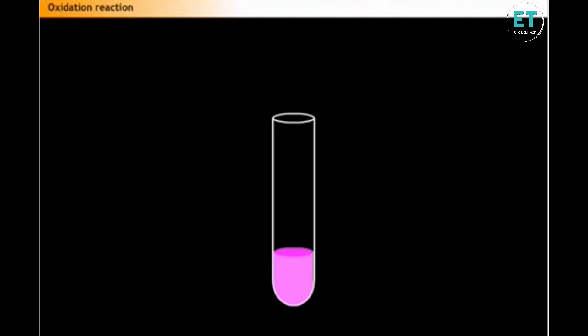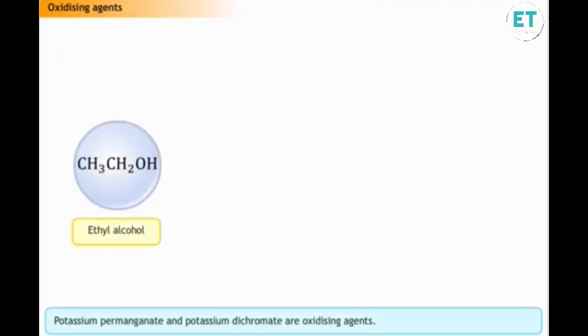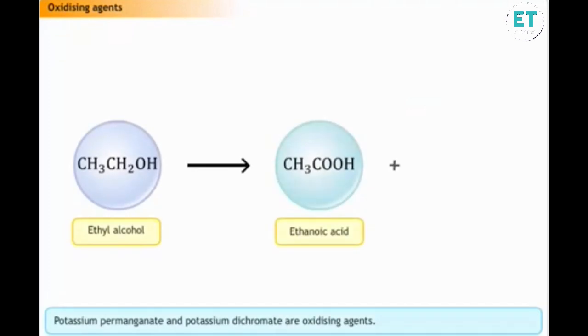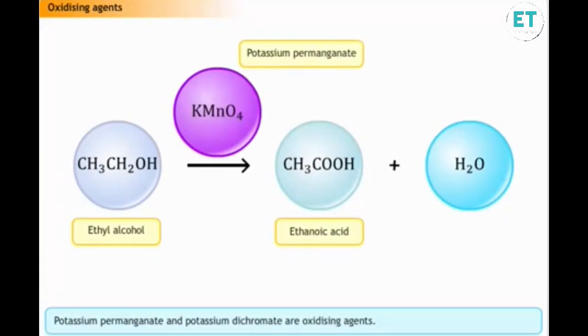The ethyl alcohol solution is oxidized to ethanoic acid in the presence of alkaline potassium permanganate solution. Since potassium permanganate provides the oxygen in the reaction, it is an oxidizing agent. Another example of an oxidizing agent is potassium dichromate.